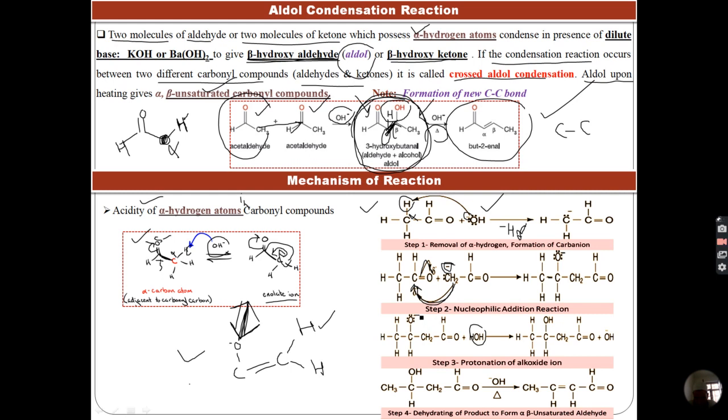So it takes a proton from the water, and we get this compound simply. This is your carbonyl, this is the alpha carbon, and this is now your beta carbon. The beta carbon has a hydroxyl group, so this is beta hydroxyaldehyde. This is what is formed, beta hydroxyaldehyde.